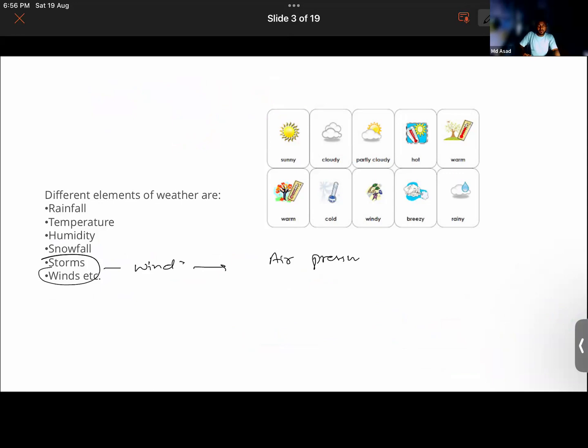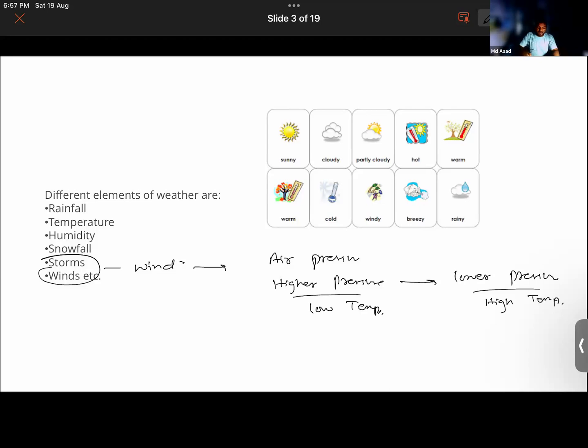It moves from a region of higher pressure to lower pressure. High pressure basically means lower temperature, so wind moves from a region of lower temperature to a region of higher temperature. I will give you an example, then it will become clearer.